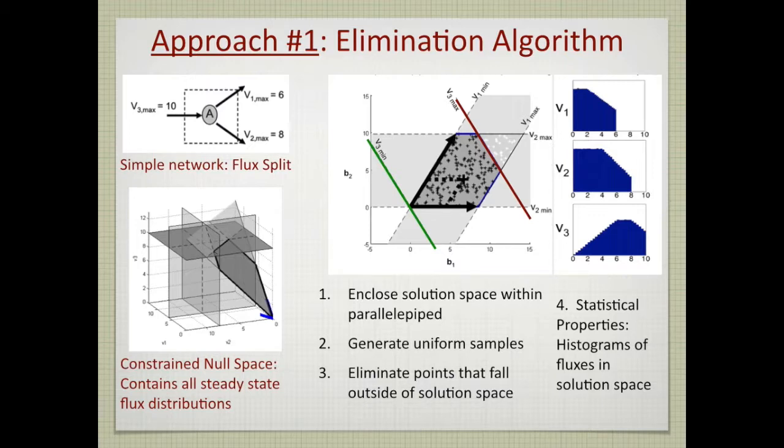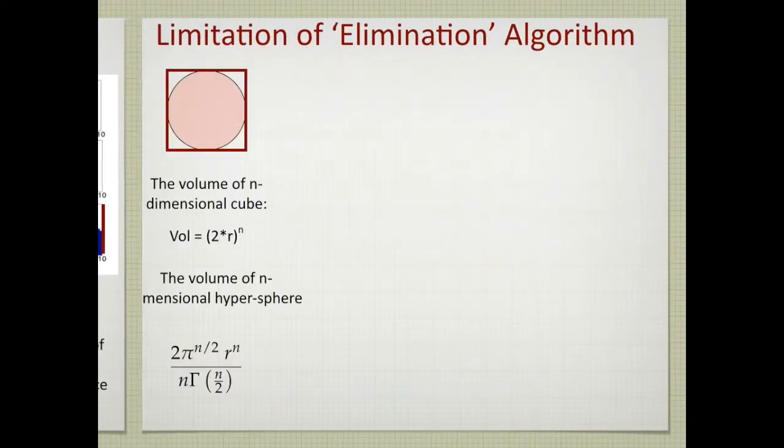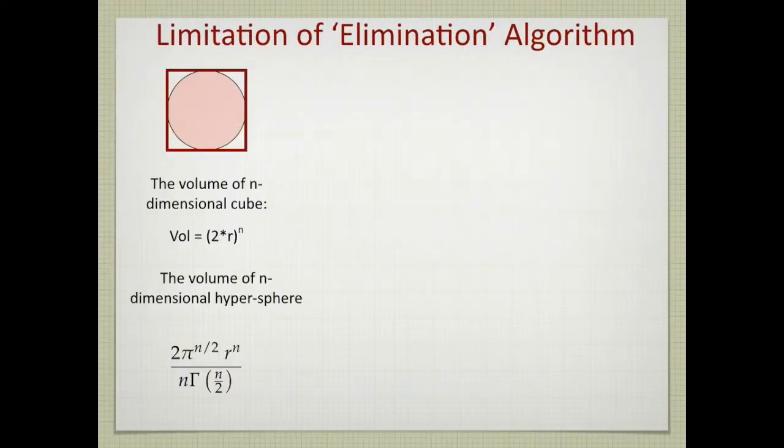Okay, so that's the idea behind sampling spaces of reasonable sizes, or reasonable dimensions, I should say. Now, what are the limitations of this? The limitation is that it gets harder and harder to confine a space within a defined outer space as the dimensions go up.